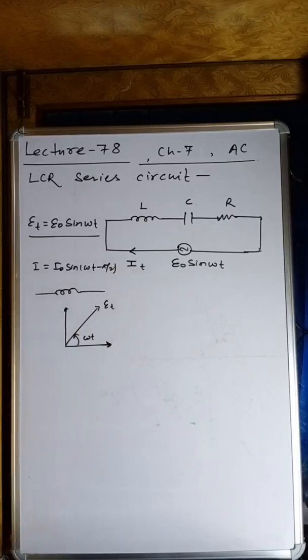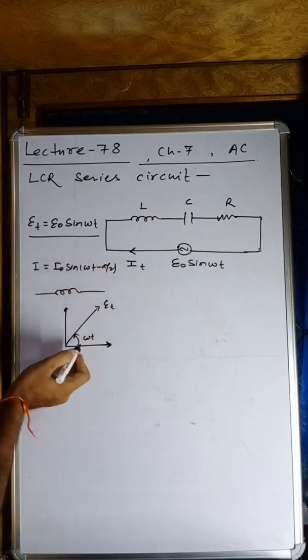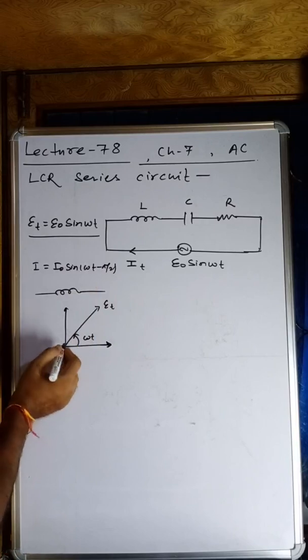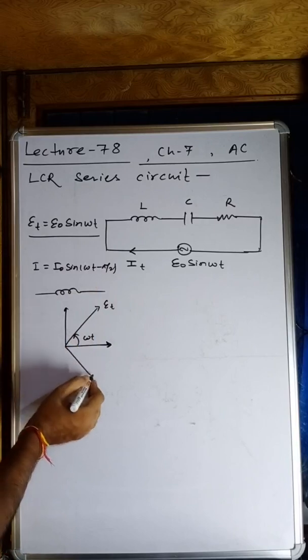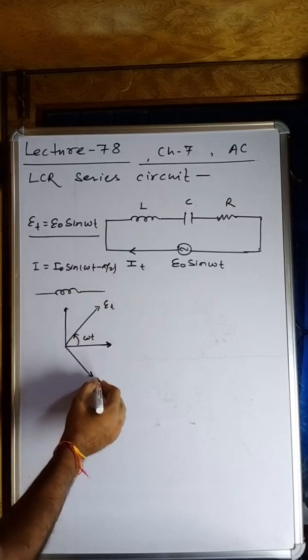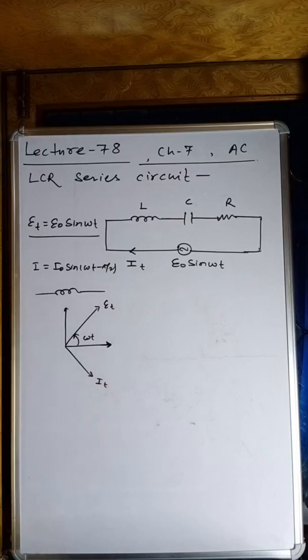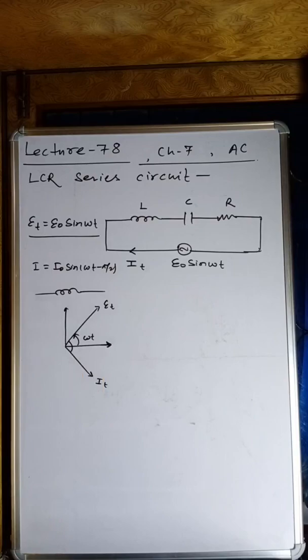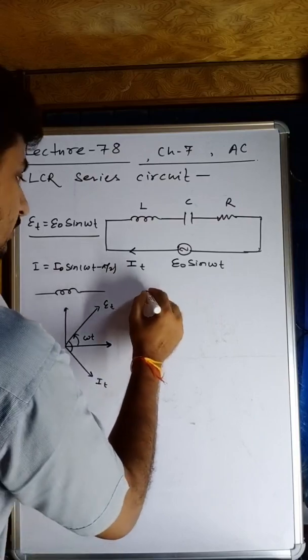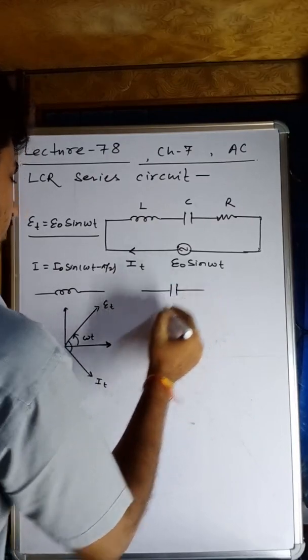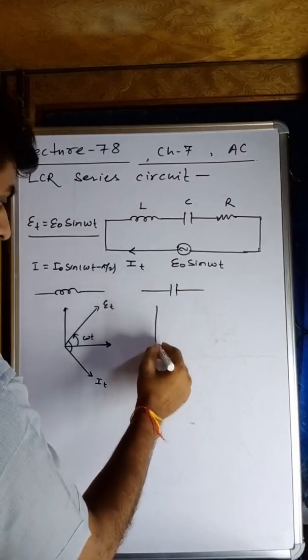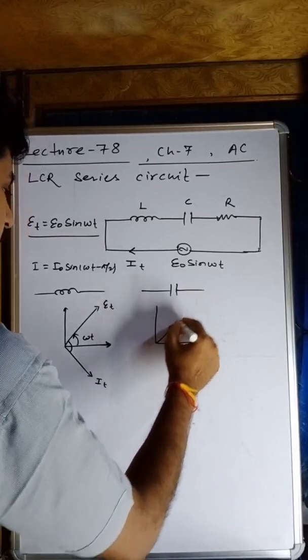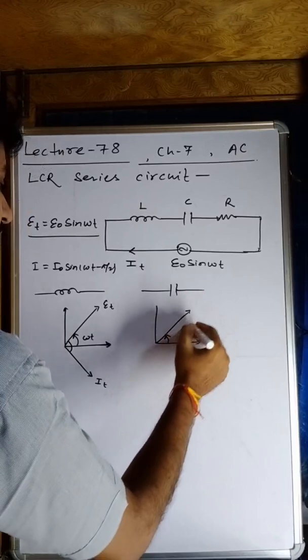Is it okay my dear students? Yes, it means the current will move omega t minus pi by 2, looking like this. This is I t. Alright, but this angle is how much? Pi by 2. Now look here at the capacitor. In case of a capacitor, my dear students, we will rotate E t by omega t again.